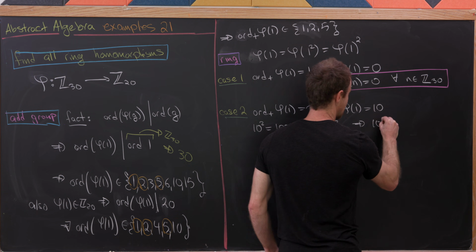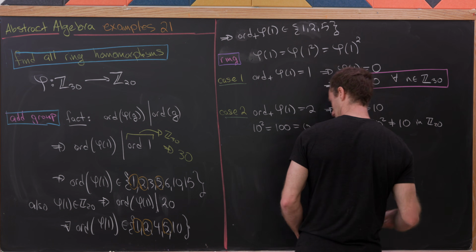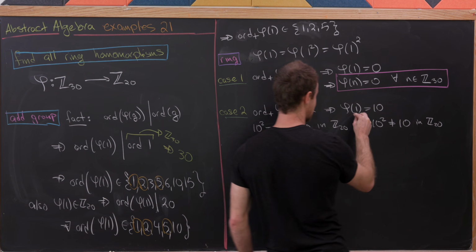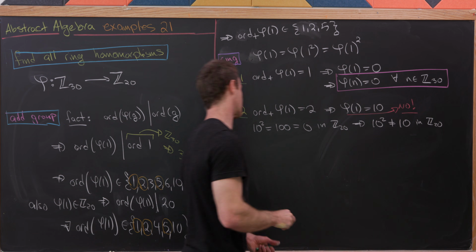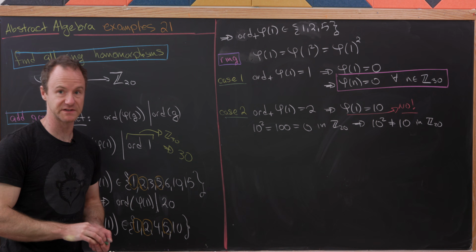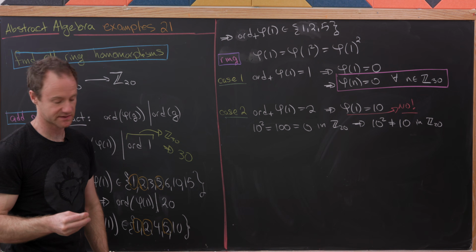So that means 10 squared is not equal to 10 in Z20. So that rules this out as a possibility. So this does not give us a ring homomorphism. It is a homomorphism of additive groups, but not a homomorphism of rings.